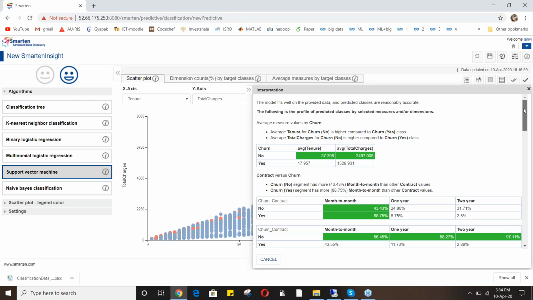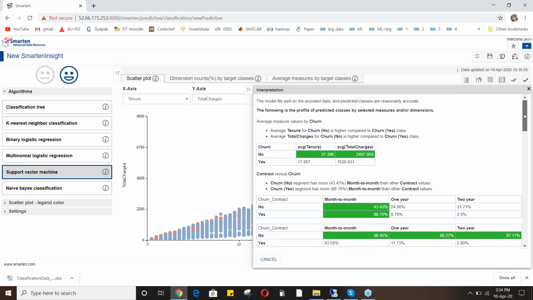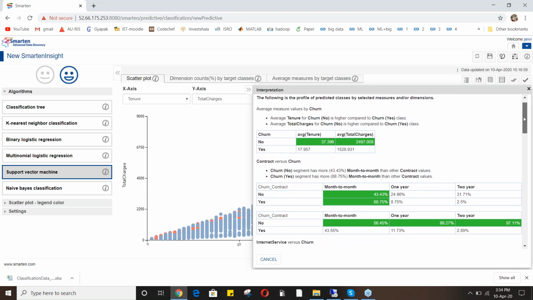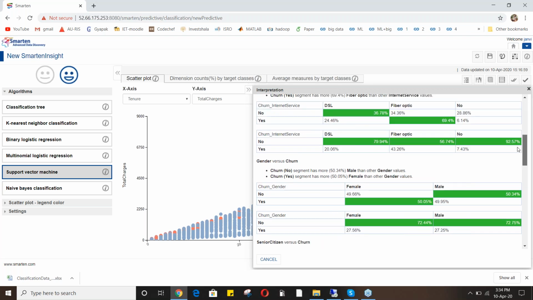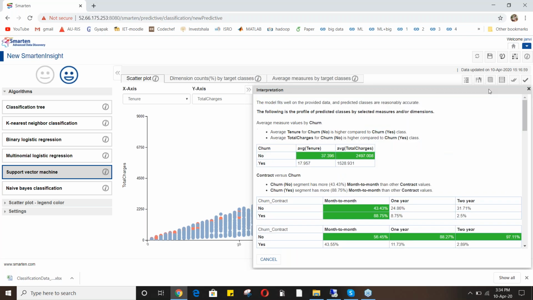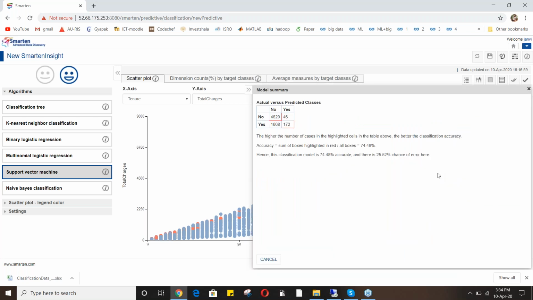So you can see the interpretations for each and every gender, and for each and every product, streaming TV or not, etc. So you can have it here, or close this window and show the supported visualizations, dimension count by target classes.